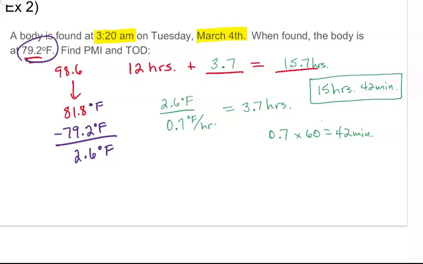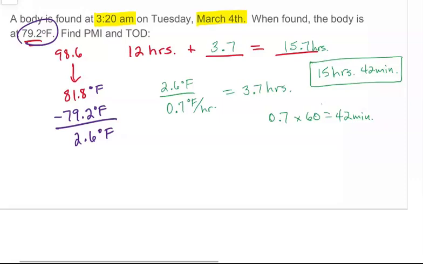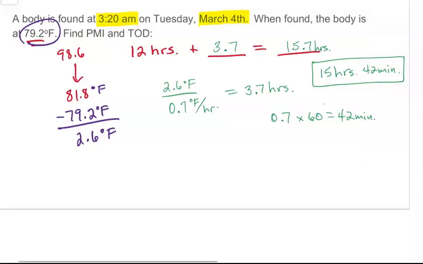So the way I'm going to show you is I'm going to draw a little timeline to kind of picture what's happening. So here we are at 3:20 on March 4th. Now, first we have to go from 3:20, and this is AM, so we have to go back in time to midnight.